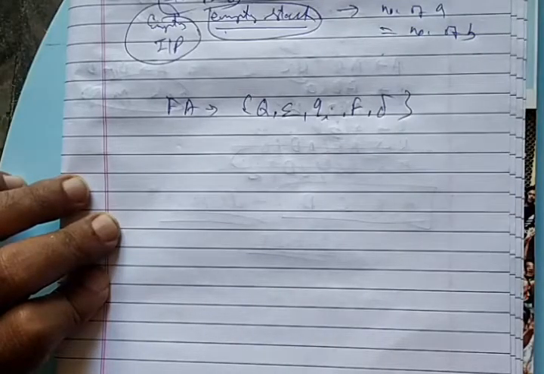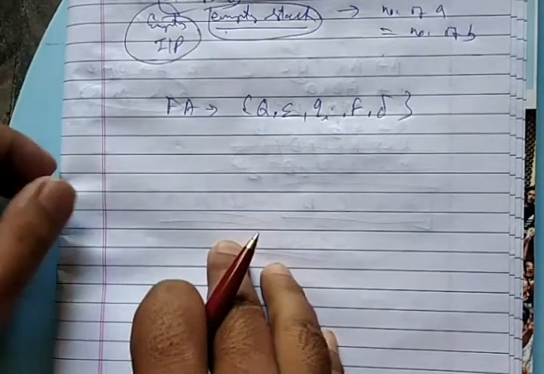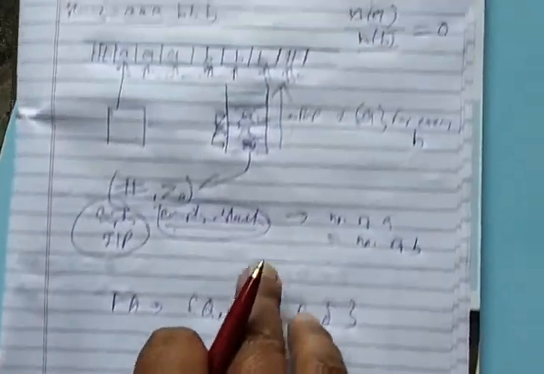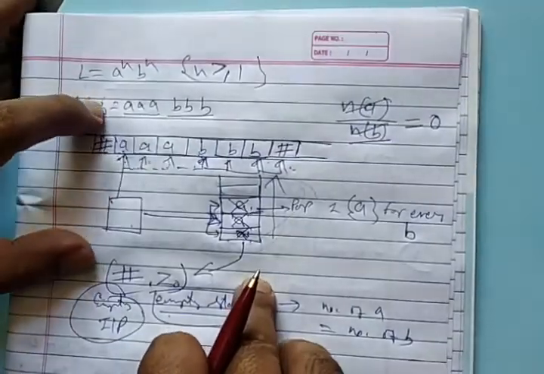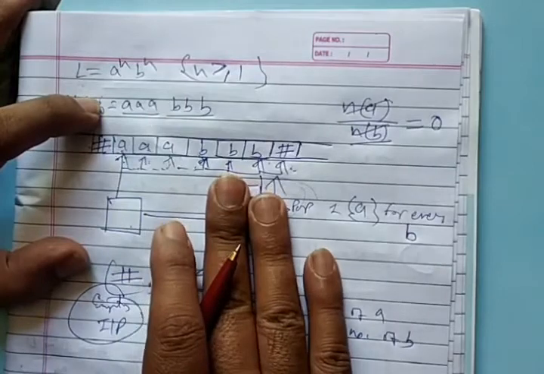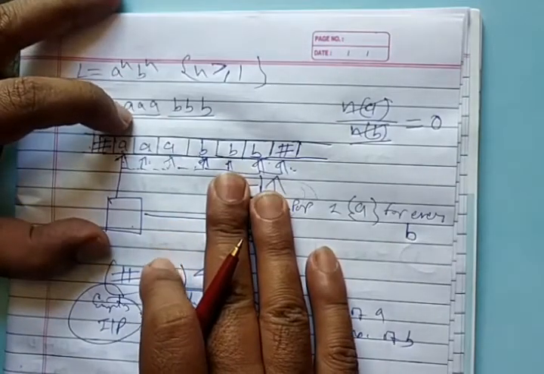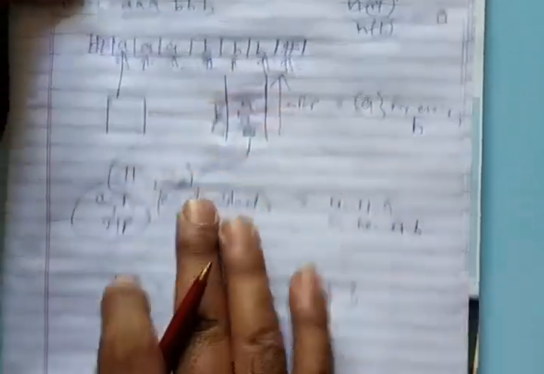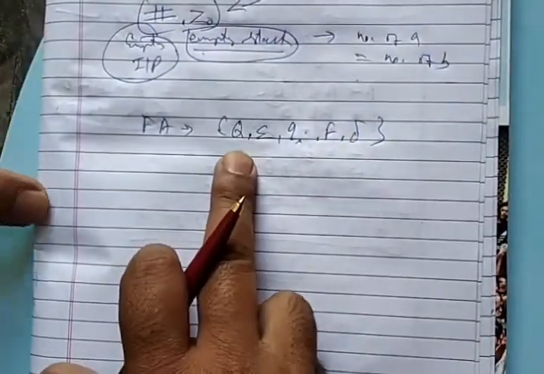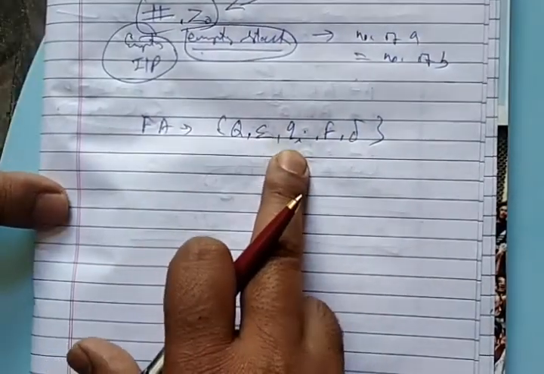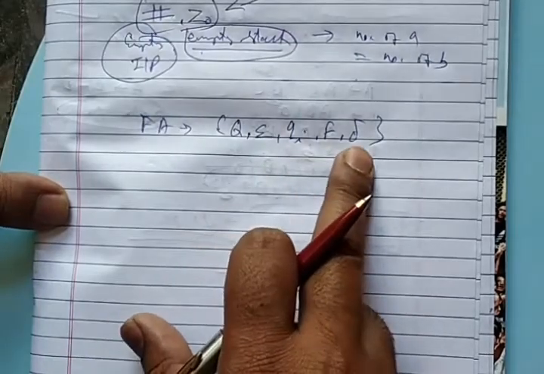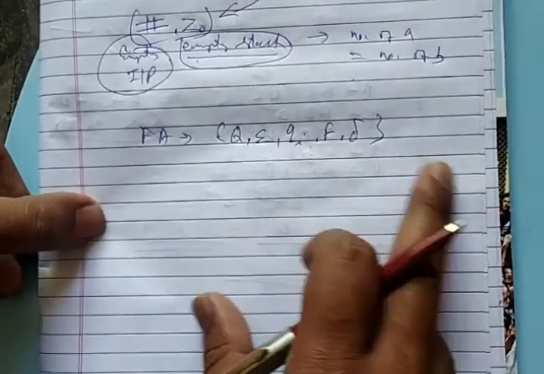So finite automata have 5 tuples. Now if you can relate this, without memory, this simple machine has 5 tuples. Those are set of states, set of inputs, initial state, set of final states, and transition function.